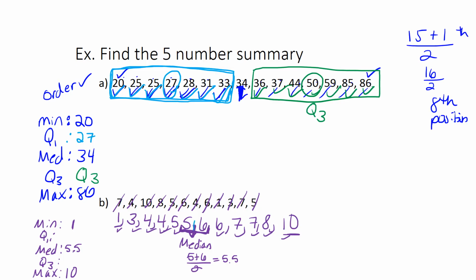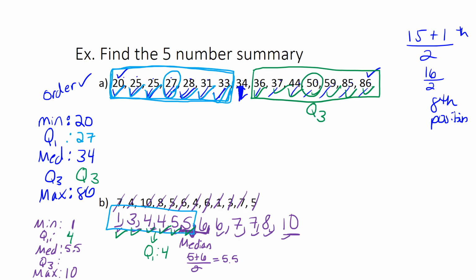We wouldn't include that, so we cover up the 5.5, which isn't a data value, so you don't even need to worry about it. So anything less than the median, and then we find Q1, the middle of these, and there's 2 middle numbers of 4, so Q1 is obviously 4.